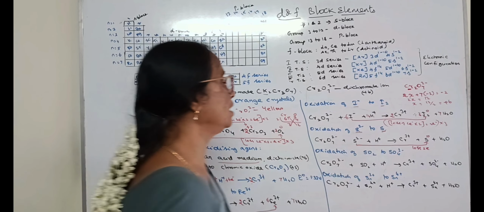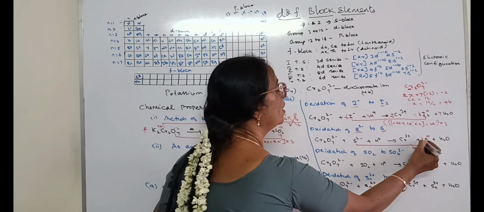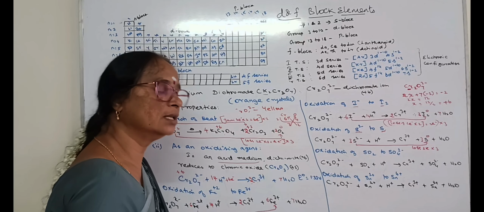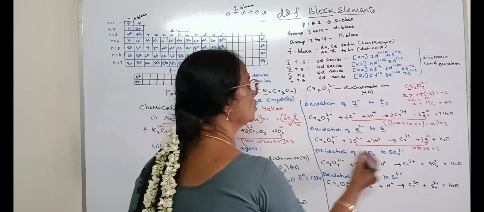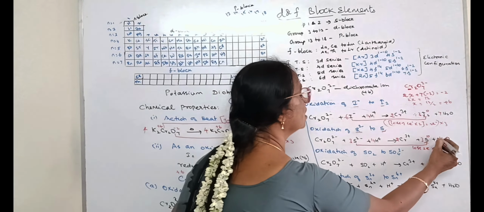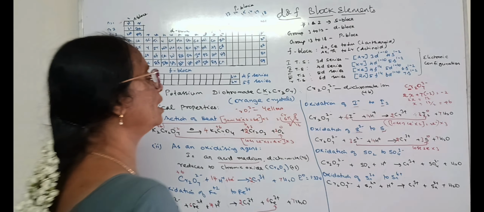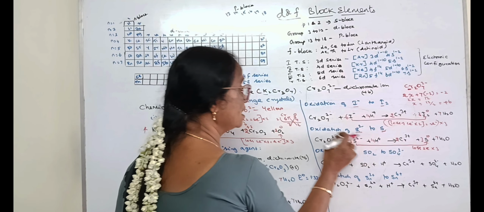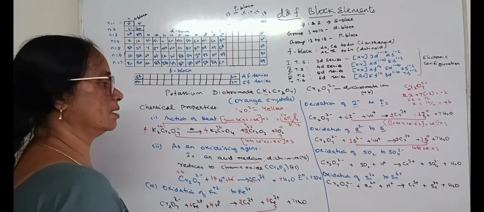We have to multiply this 2 by 3 times, therefore sulfur is also multiplied by 3. The rest we can balance. Here it is 14H plus, here it is 2Cr3 plus, here it is 7H2O. Charges will also be balanced just like the previous one. 6 minus 2, 8 minus, 14 minus 8, 6, so 2 3s are 6.